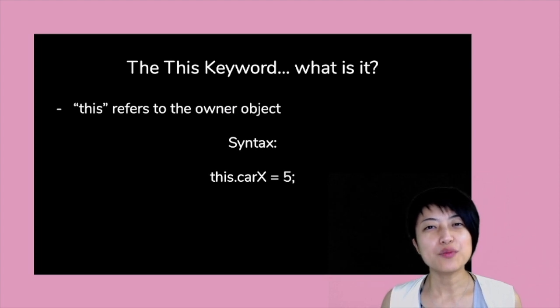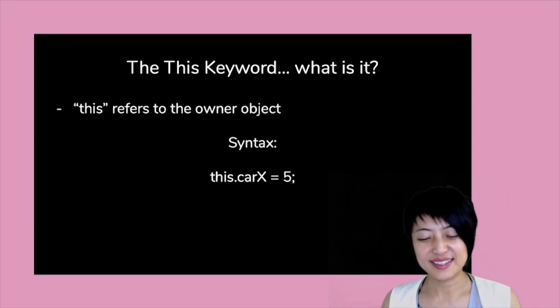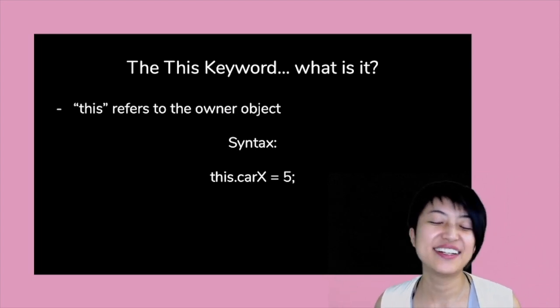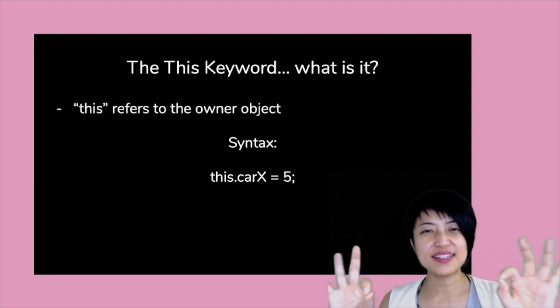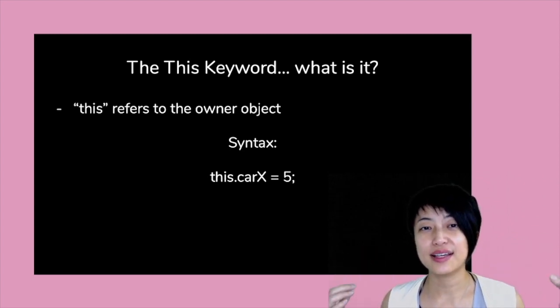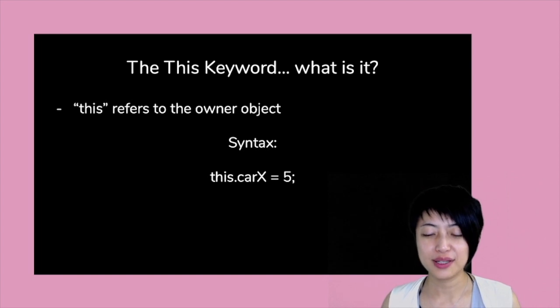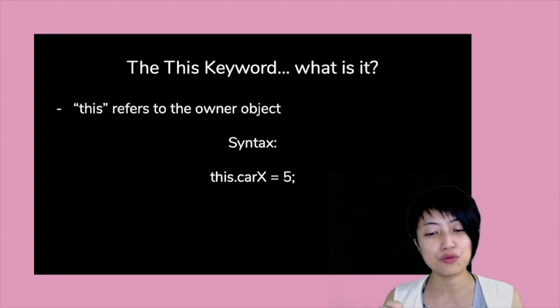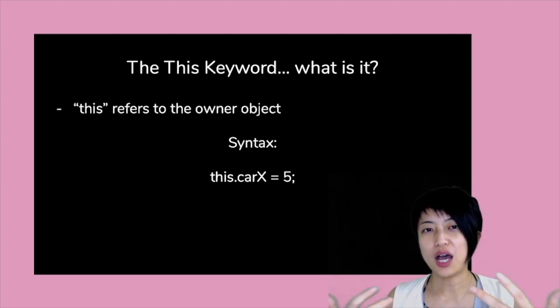So what we just used, this dot car X, this word is called the this keyword in JavaScript. And what is it doing? When you write the word this inside a class, it is referring to the owner object.